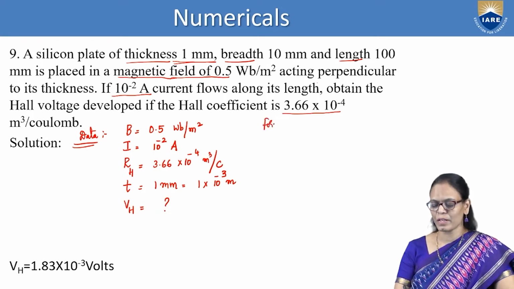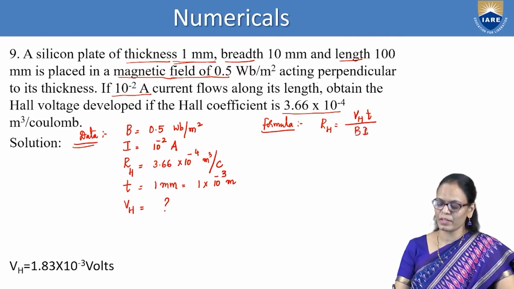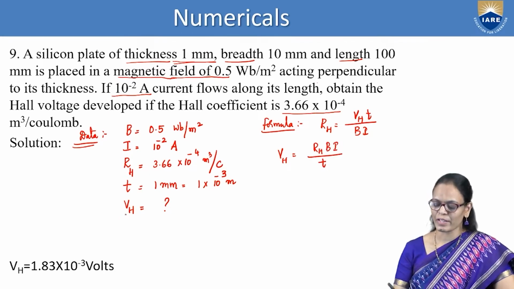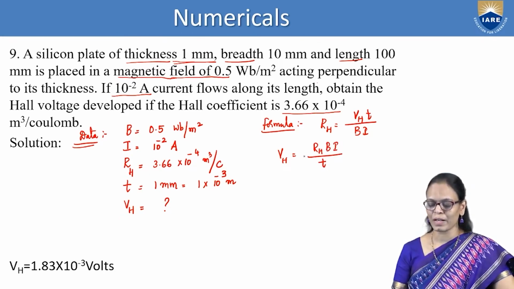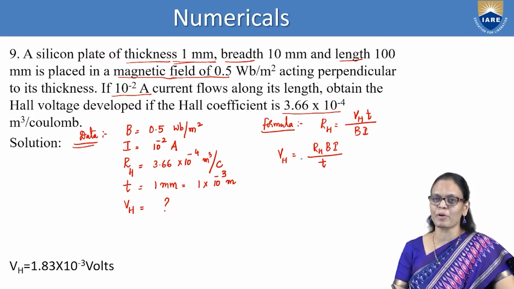So we'll use the formula. RH is equal to VH into T upon B into I. We want to find VH. So RH into BI upon T. So actually you can remember the formula for voltage also. But it is always better to remember the standard formula and write the appropriate one.